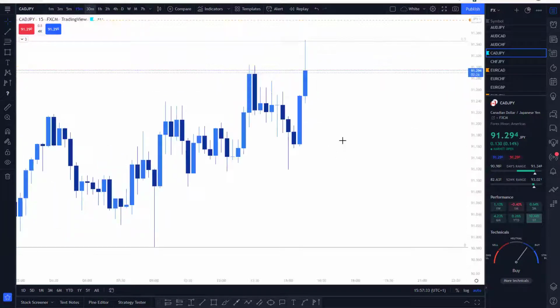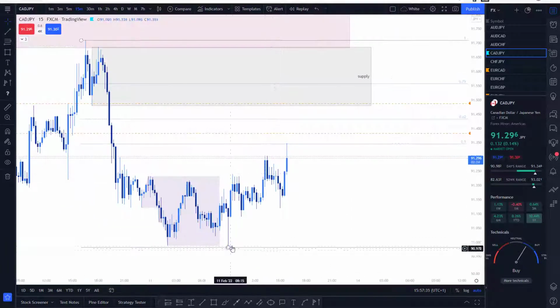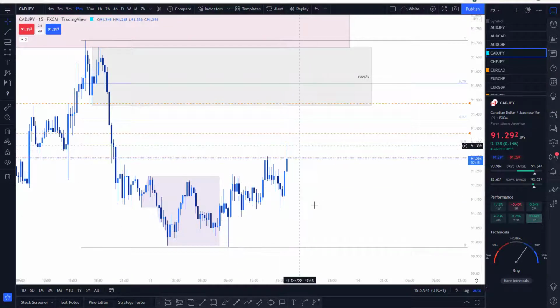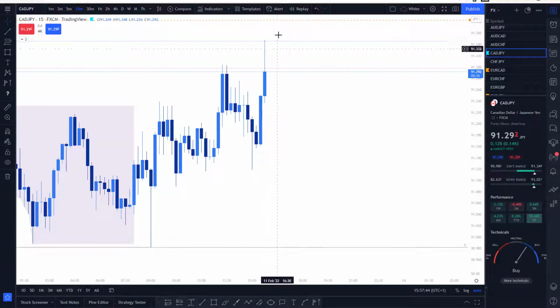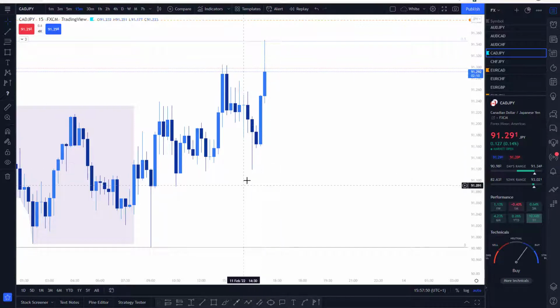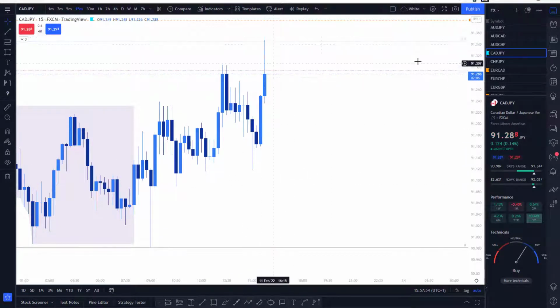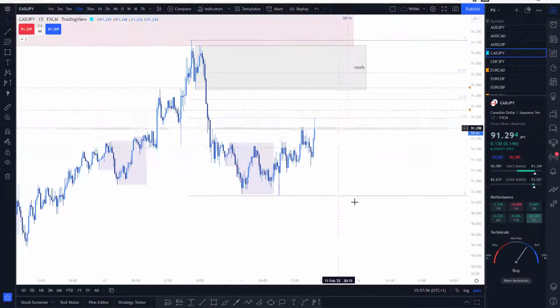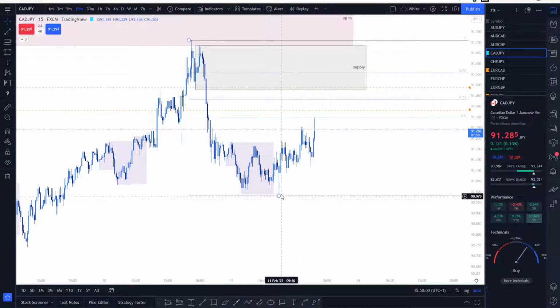On a lower time frame, this was just a grab of liquidity to go higher, and now this is the higher low to be taken out, and there is just a reaction from the 50% of this entire move down.